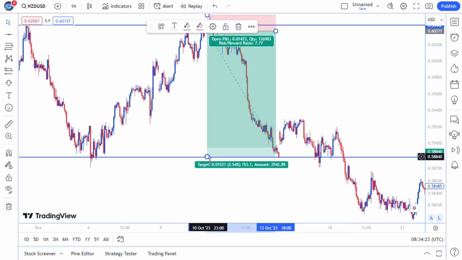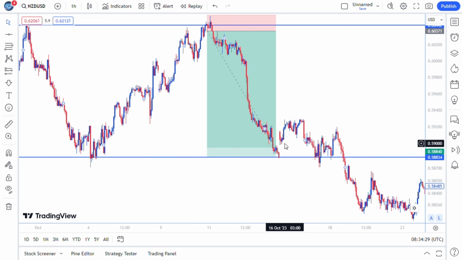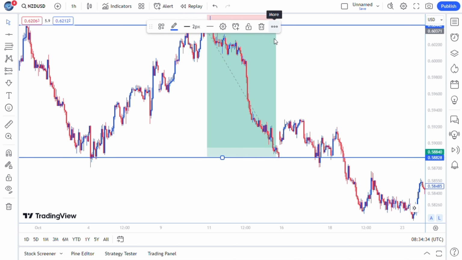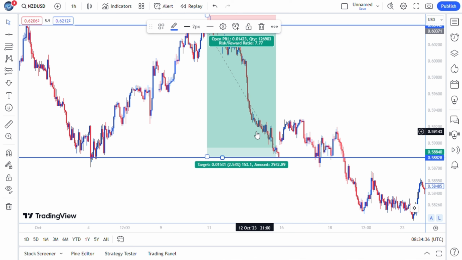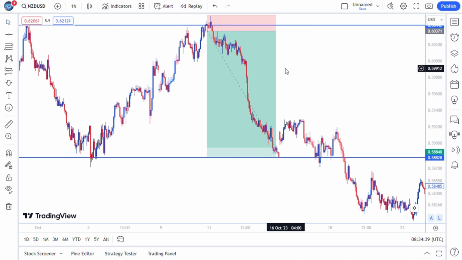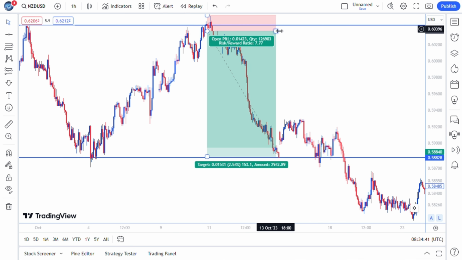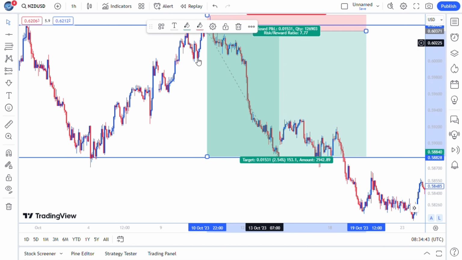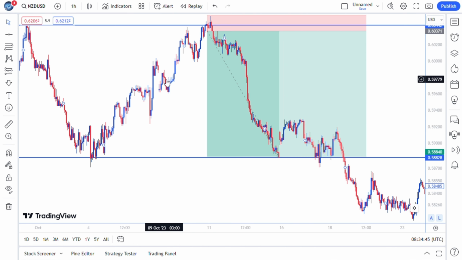Always make sure the target level doesn't surpass the previous low. This sell position has a very good risk to reward ratio. Remember, the reason for any analysis is to get the best possible entry and exit levels. And when you don't get these, you haven't done the best analysis.